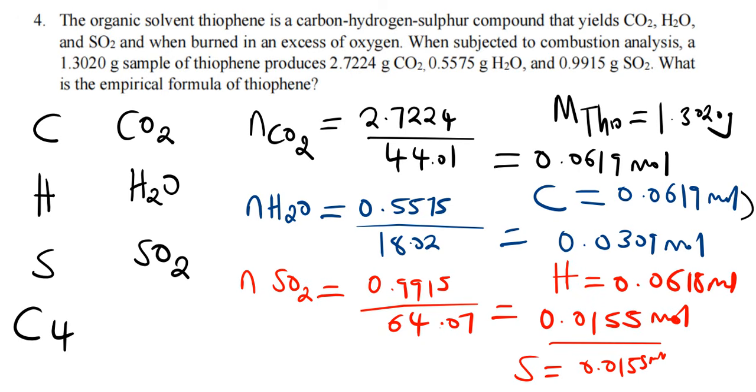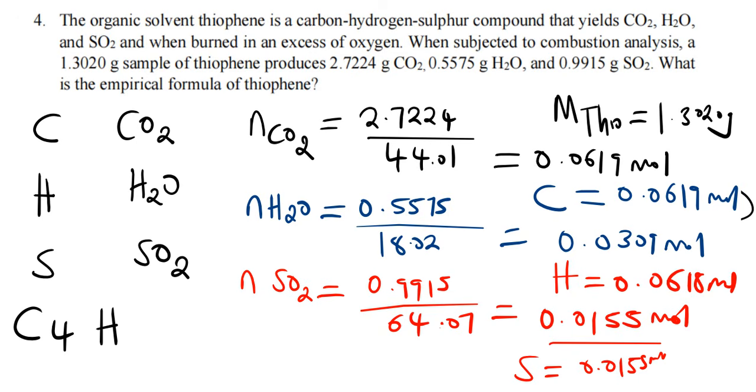Then I come to hydrogen. We said it is this after multiplying the number that we got by 2. So that is 0.0618 divided by the smallest one, 0.0155.